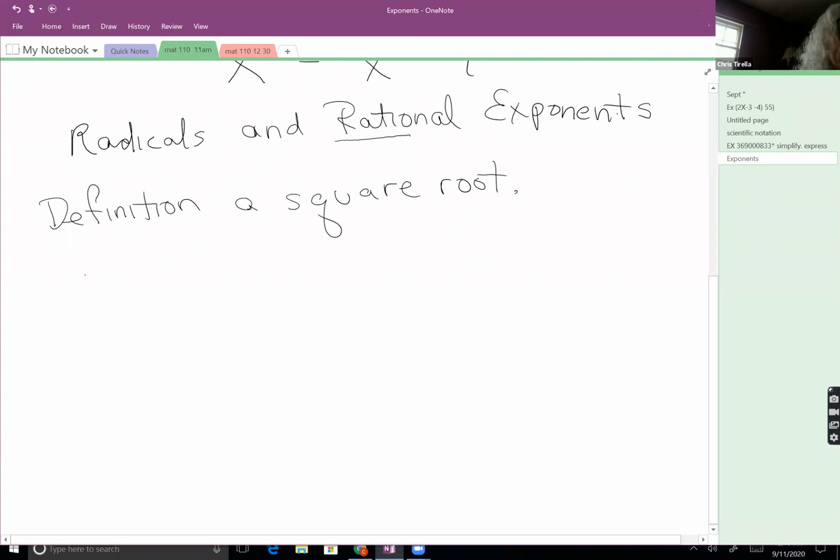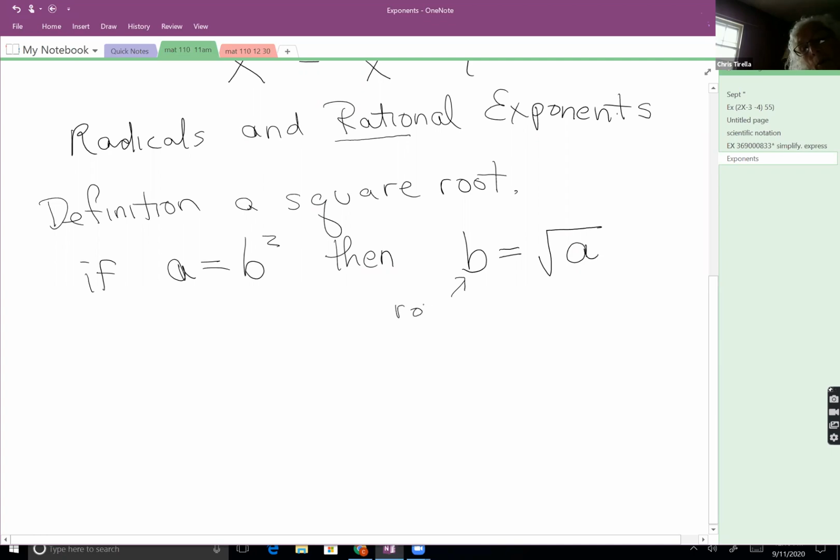We're going to say that if A is equal to B squared, then B will equal the square root of A. B is referred to as the root. The symbol is referred to as a radical. And the A, what's underneath the radical, is referred to as the radicand.